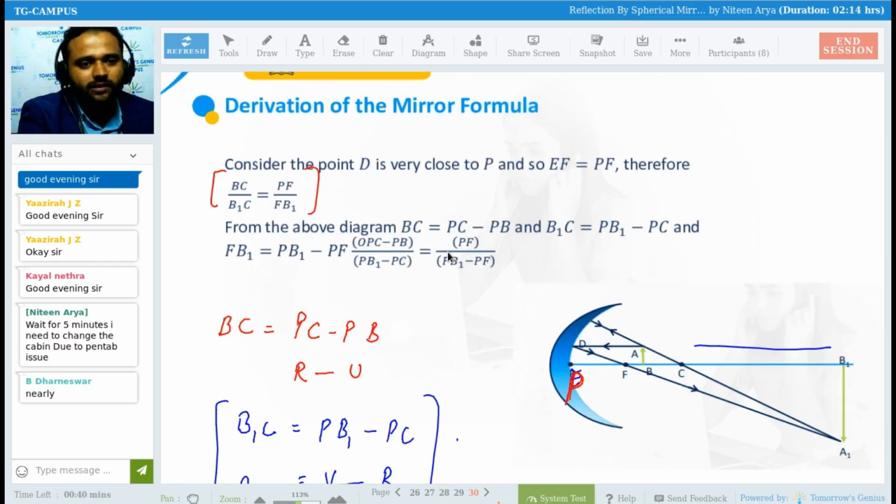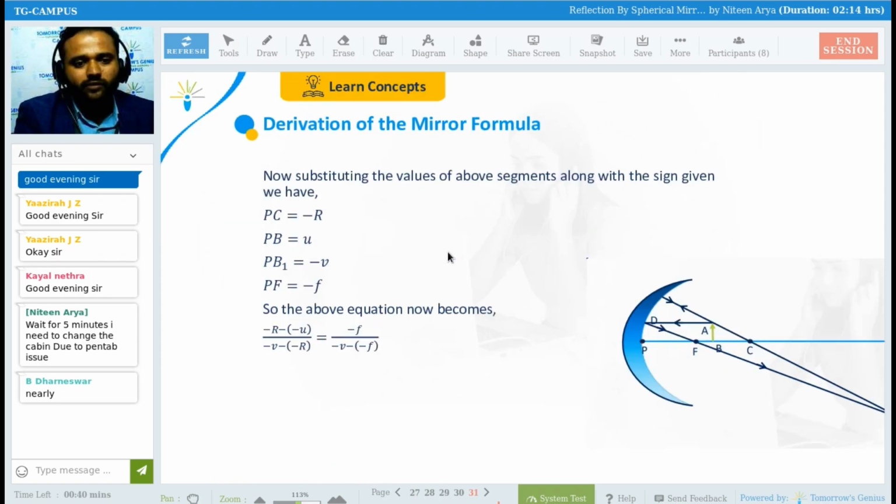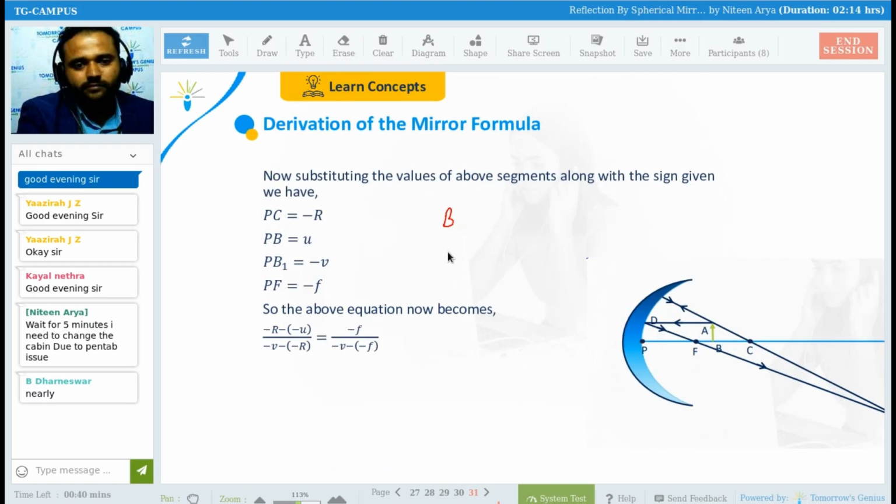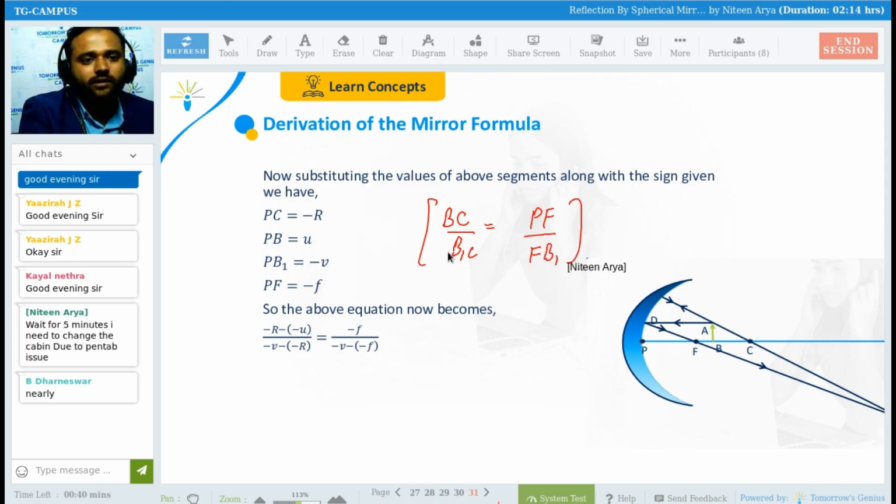Solving this equation number 4, and what is equation number 4? BC upon B1C equals to PF upon FB1. This is my equation number 4.